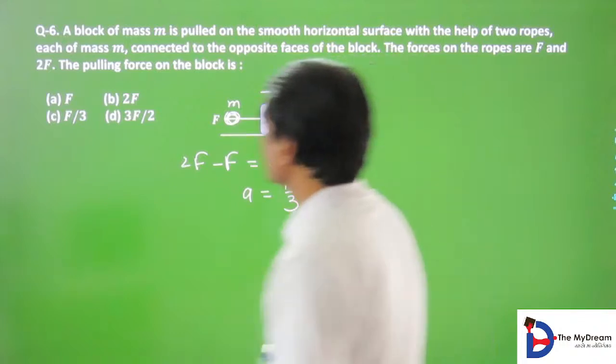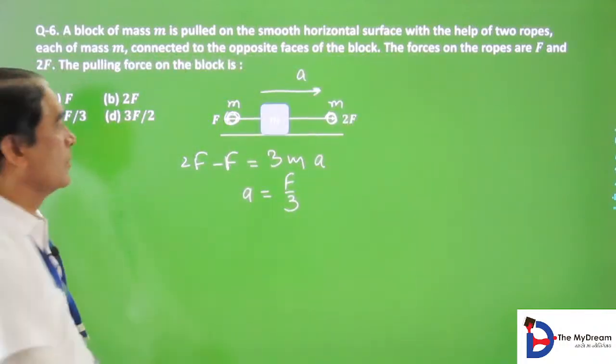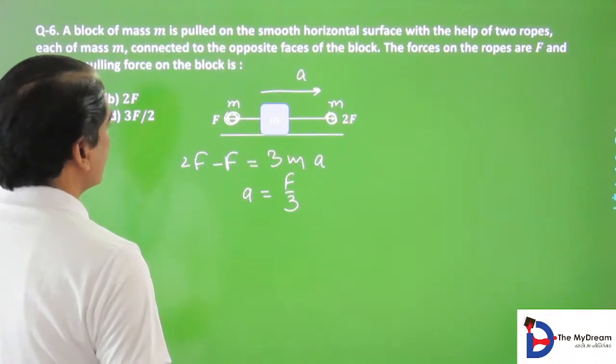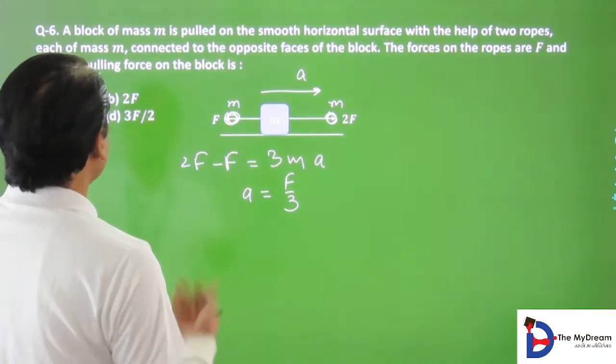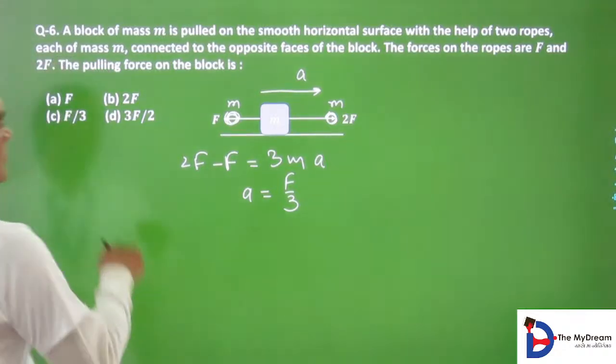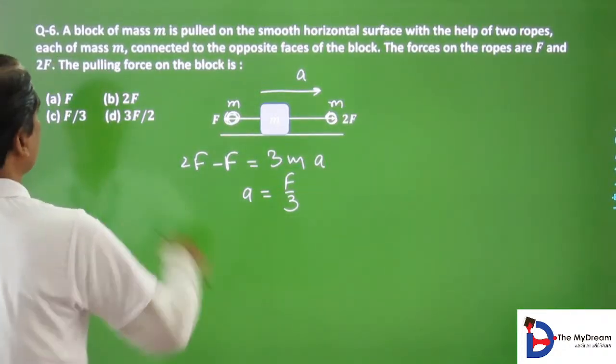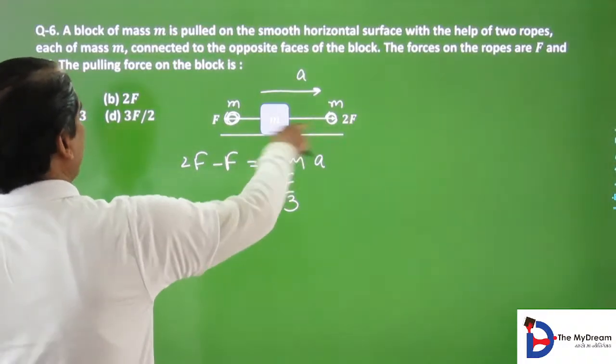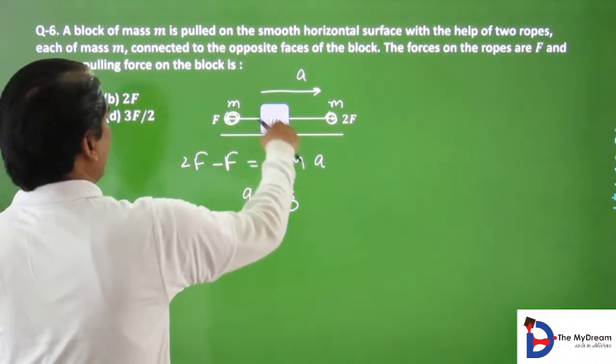Now the pulling force, F by 3, yes? The net force 2F minus F is equal to thrice of m times A.